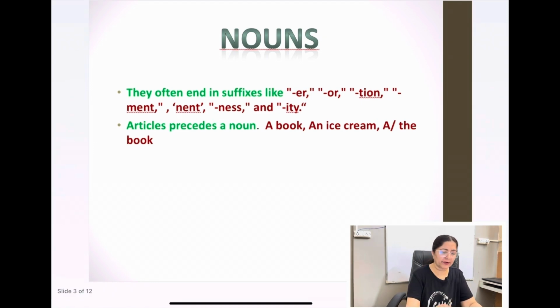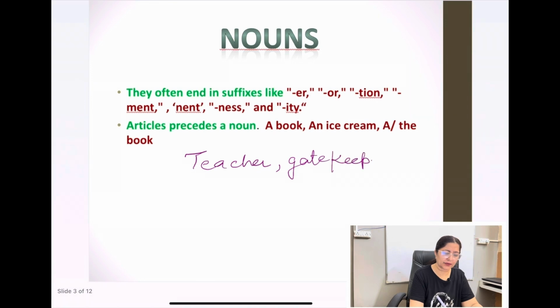We have a word; just think about which word you can form by ending it with the suffix er. Of course, the very first that comes to you is teacher, gatekeeper and so on, right? With or we can make instructor, professor.